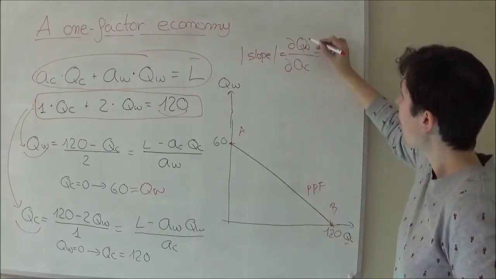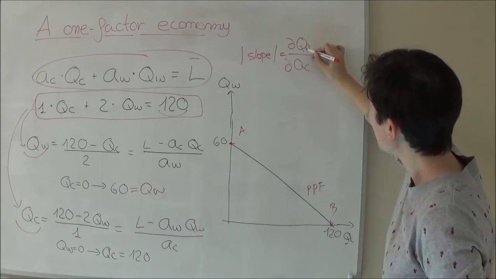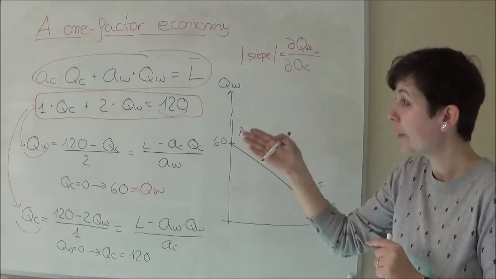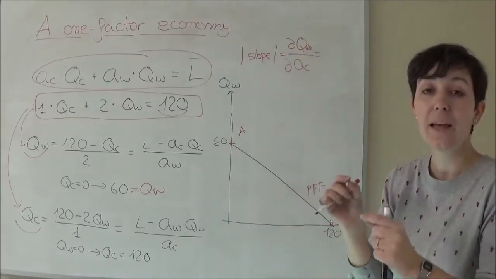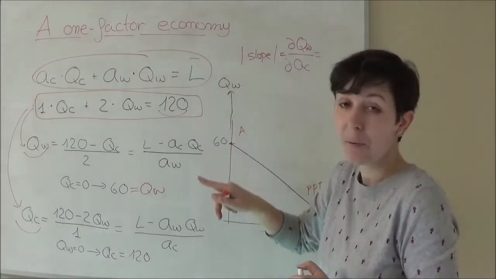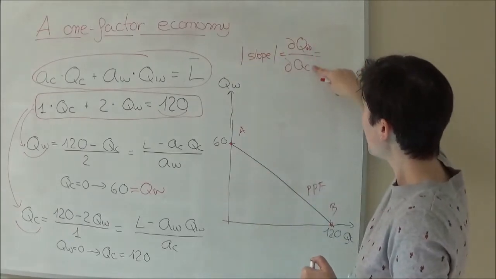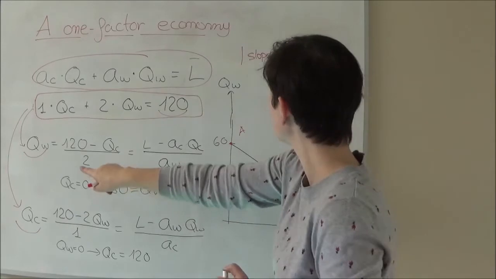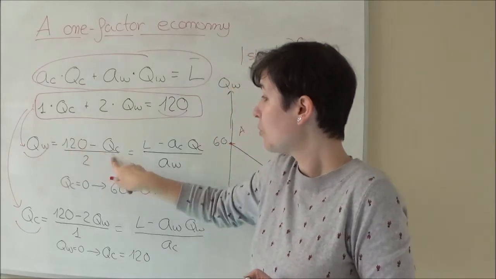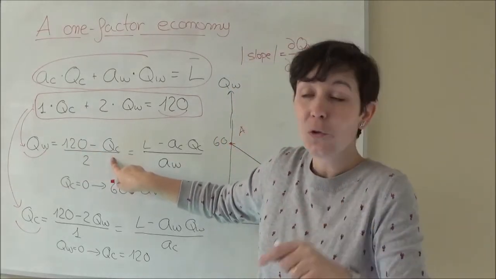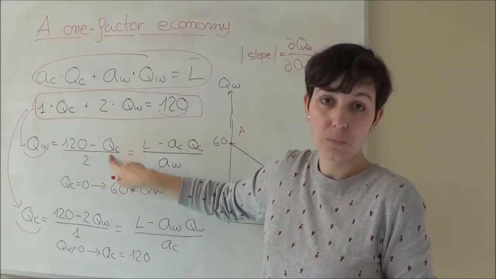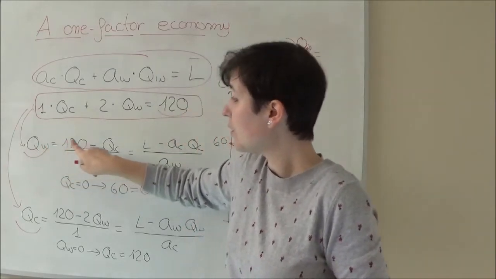You need this quantity of wine in terms of quantity of cheese. So you need to find the mathematical expression that connects both variables in this line, which is the PPF, of course. And this has to be isolated, which is this one. Here you have the quantity of wine with respect to the quantity of cheese. So you are going to be able to know how this changes when this increases in 1 unit, because you have this in terms of the other.